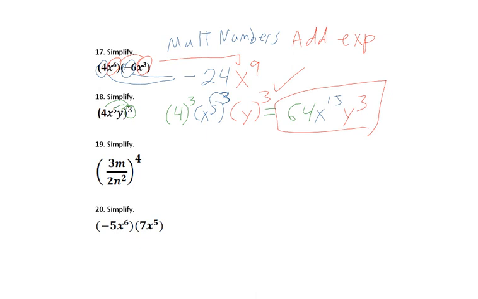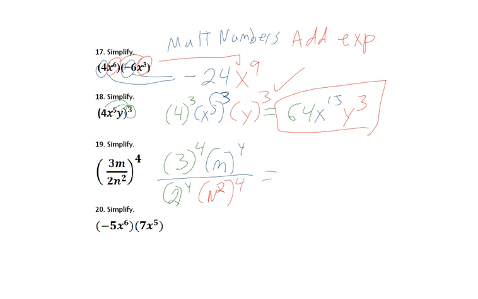19 is distributing again, but this time you have a fraction. Well, it works the same as with multiplication. Just give everybody, top and bottom, their exponent 4. So it's going to be 3 exponent 4, then m exponent 4. On the bottom, it's going to be 2 exponent 4, then n squared exponent 4.